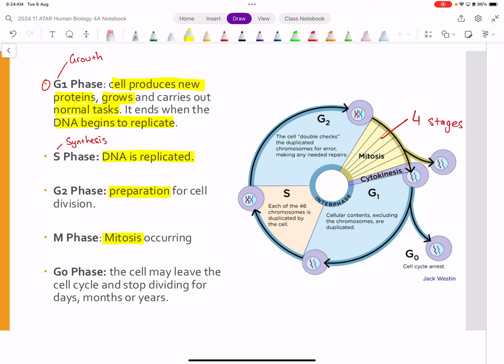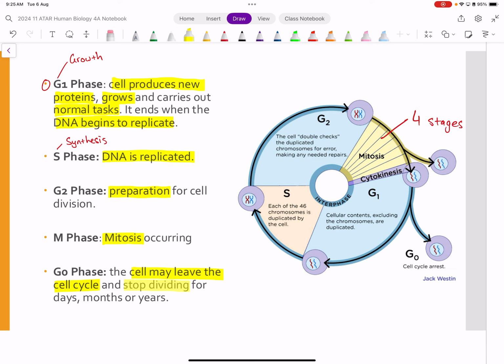Our last phase can be a little bit confusing to understand. Hopefully it will be a little bit clearer by the end of today's lesson. But when we talk about the G0 phase, it's not GO, but G0. This is when the cell leaves the cell cycle. It's no longer going round and round and making new cells, and it can stop dividing for extended periods of time.